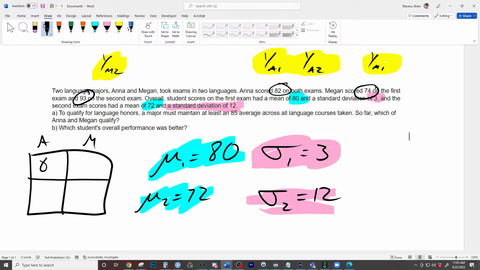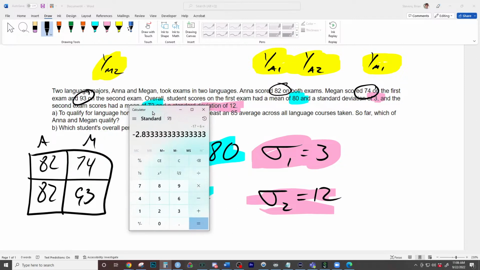On the exams, Anna has 82, 82, and Megan made a 74 and a 93. Is that right? Megan scored 74, 93. So what do we have to do to these? What am I doing right here?